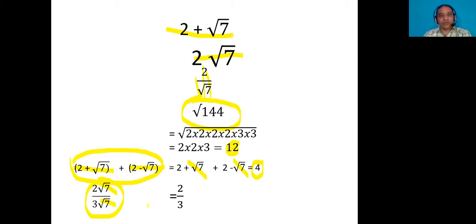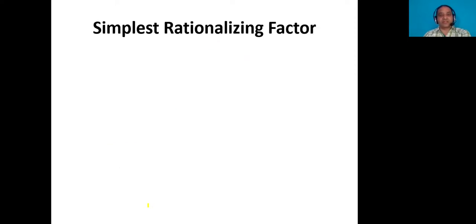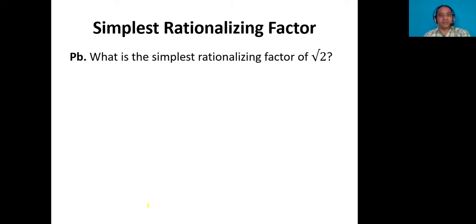How to rationalize the irrational numbers. Let us start with this problem. We want to rationalize square root 2. The problem can be in terms of what is the simplest rationalizing factor of square root 2.